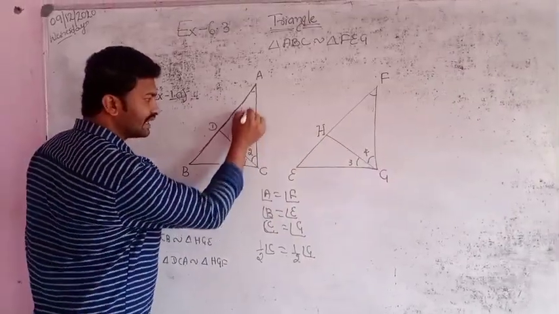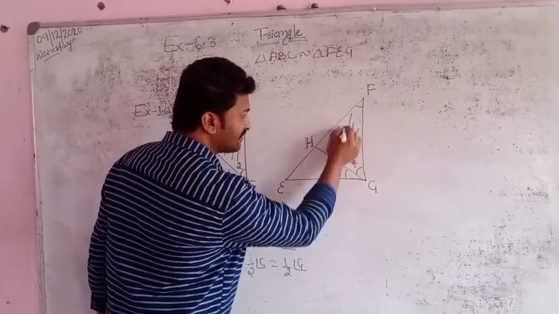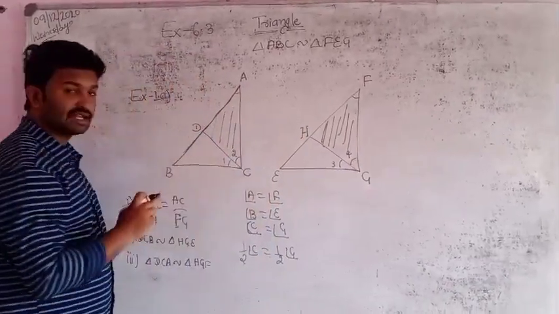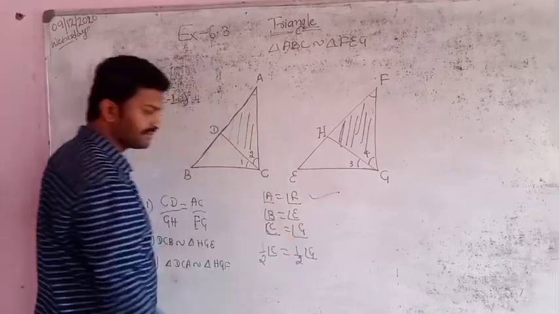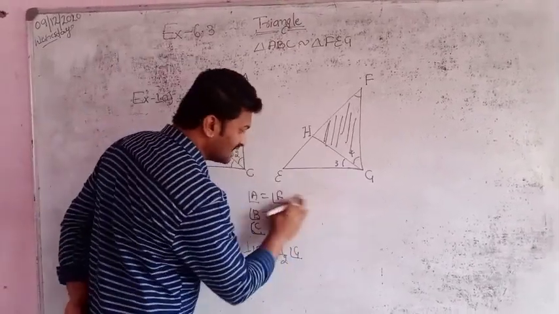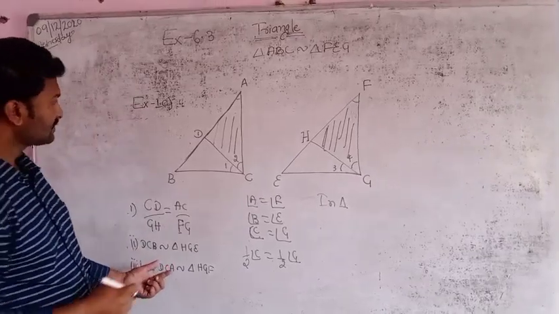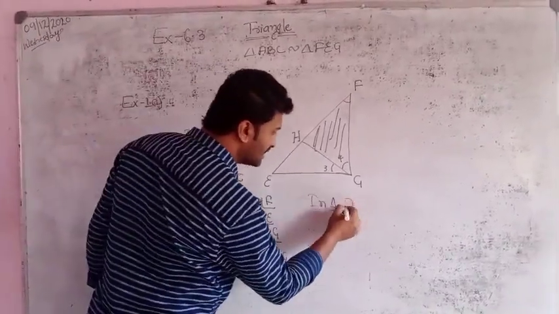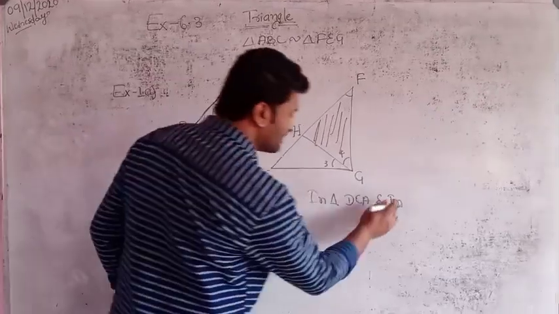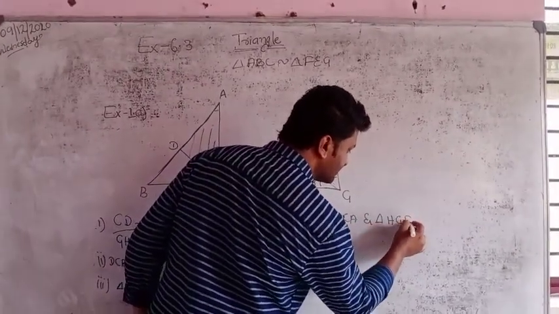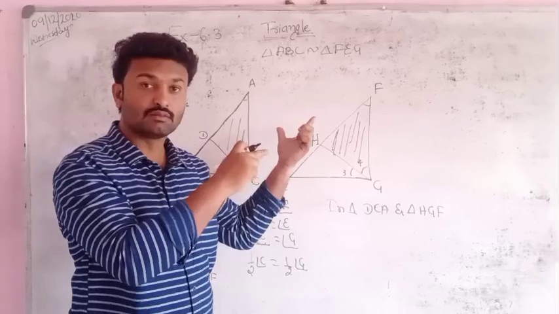In these two triangles, ACD and FGH, in both triangles angle A equals angle F. In triangle DCA and in triangle HGF, angle A equals angle F. This statement is there in the question: both the triangles are similar.